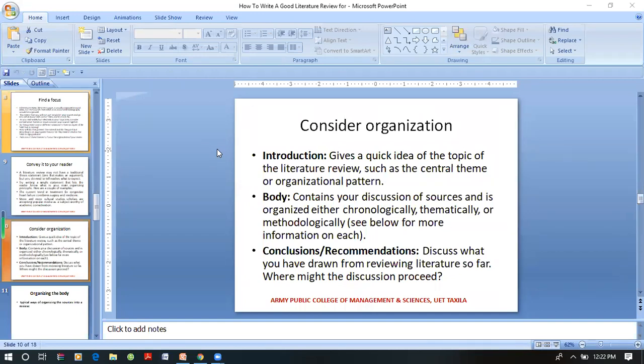Atik, can you answer me, please? Anyone else who wants to answer? Sidra, can you answer what is the difference between the structure of the literature paper and the academic paper?